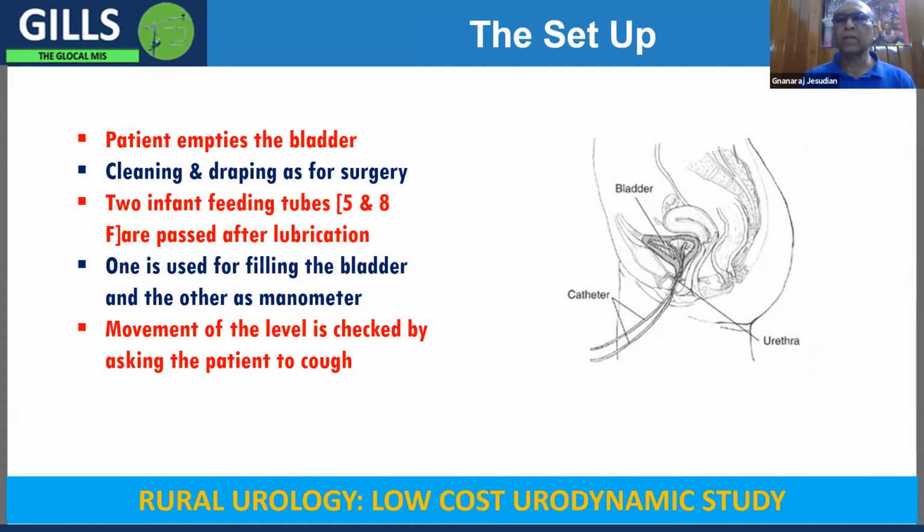Then, with a lot of lubrication, the infant feeding tubes are passed. It's generally good to pass both of them together. One thing we need to realize is that it goes in easily initially, but at the level of the sphincter there may be resistance, because that's where patients can voluntarily contract the muscles. Then you need to wait, applying gentle pressure.